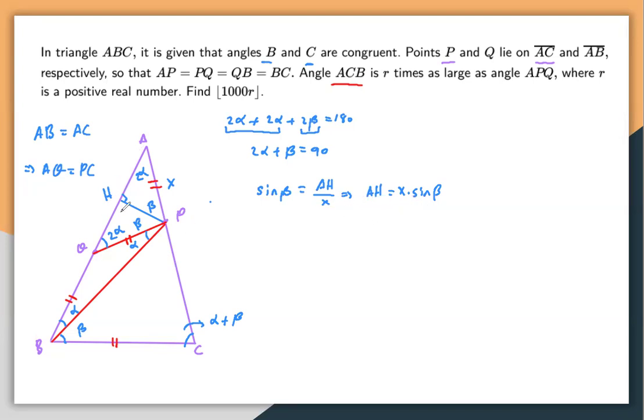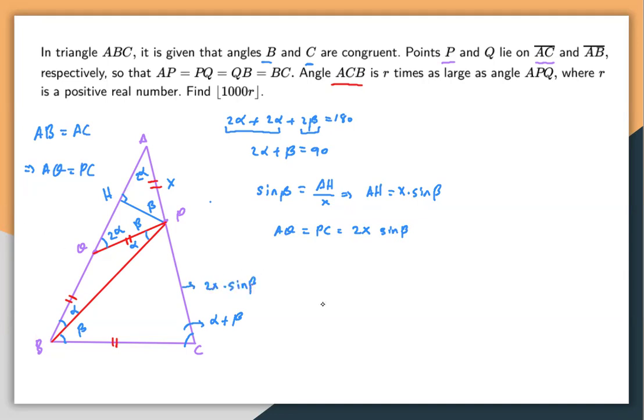AH is this, but this is isosceles, so that means AQ, which we already know is also the same as PC, has to be twice as much of this, so it should be 2x times the sine beta. Now we have this segment as 2x times sine beta as well.